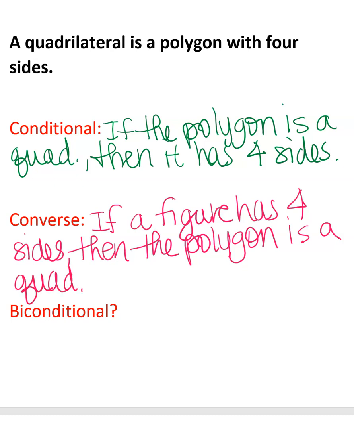So we have to decide if both of them are true. If the polygon is a quad, then it has 4 sides. That's true. If the figure has 4 sides, then it's a quad. That is also true. And we can write it as a biconditional.